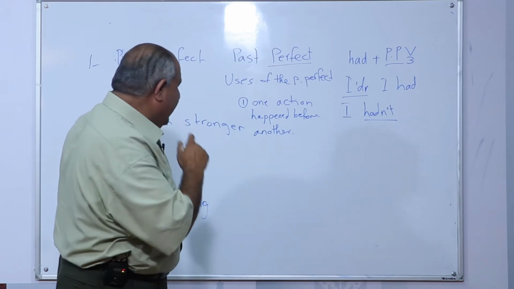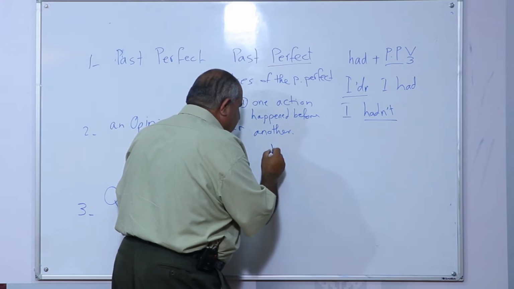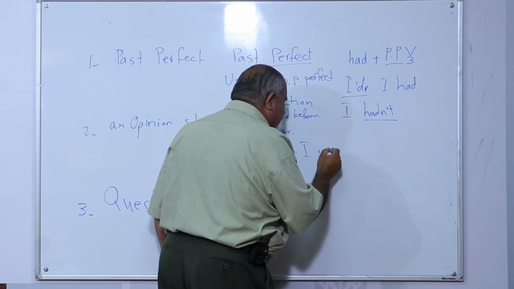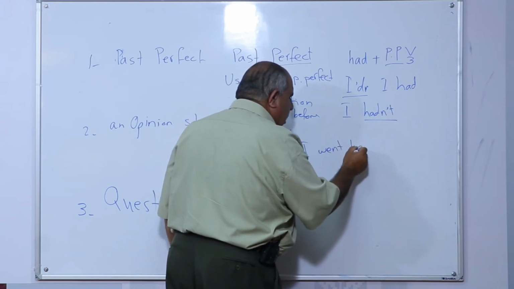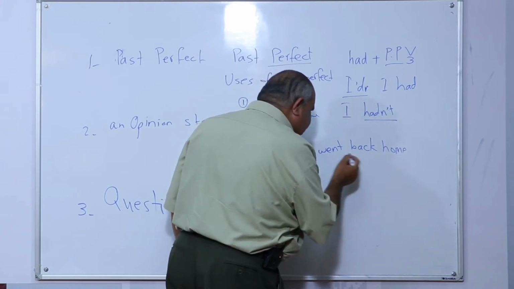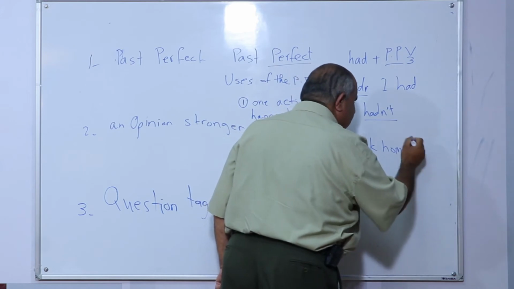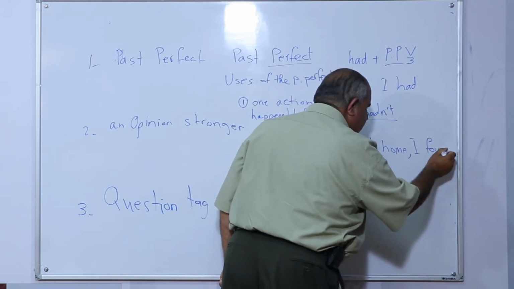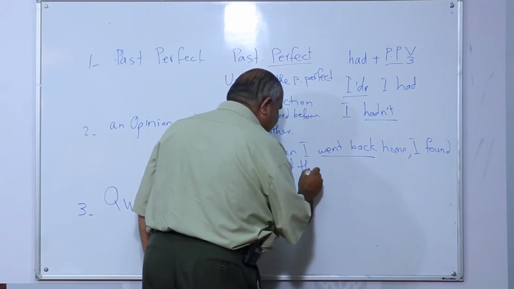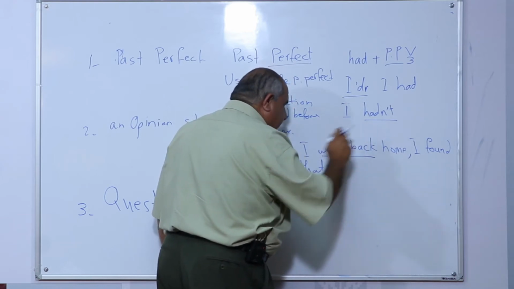Example: when I went back home, so this is the action, I went back home, I found out that this is the action which happened before going and finding.